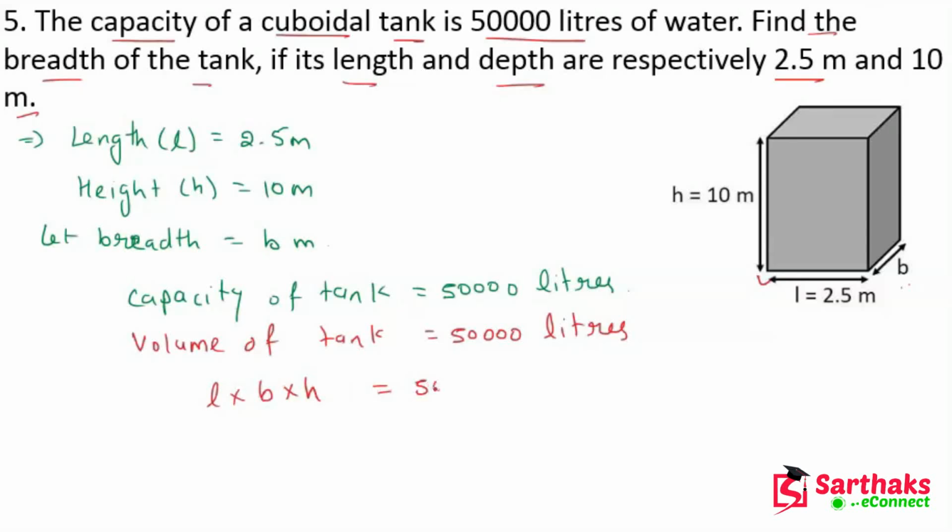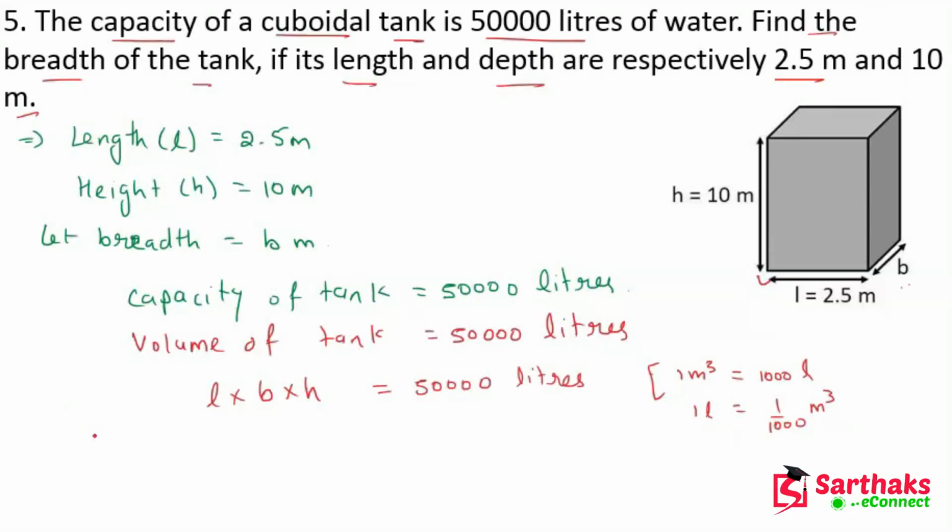All the units are meter, so we have to convert liters into meter cube. We know that 1 meter cube is equal to 1000 liters, so 1 liter will be 1 upon 1000 meter cube.